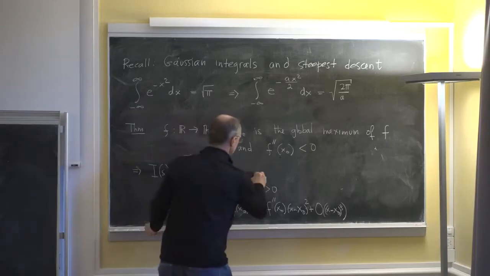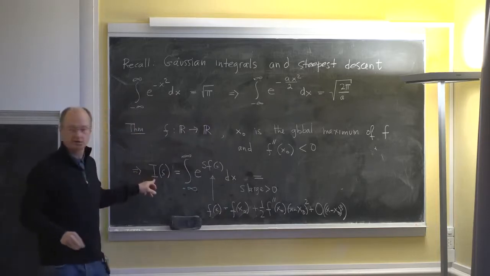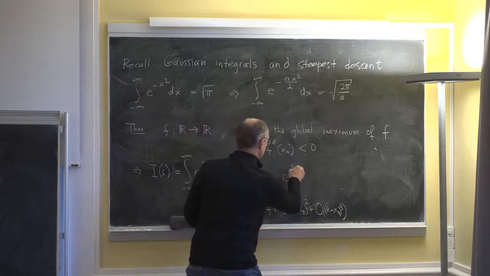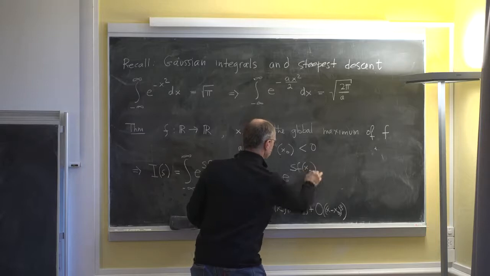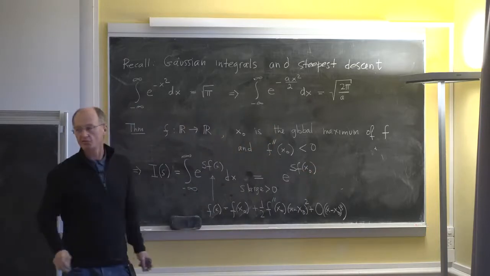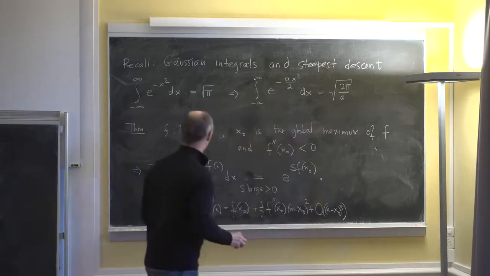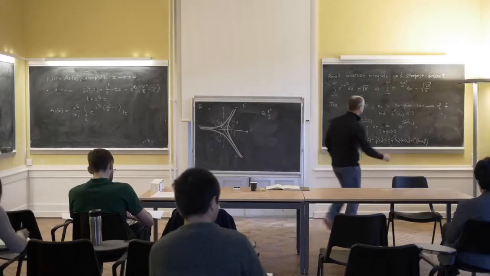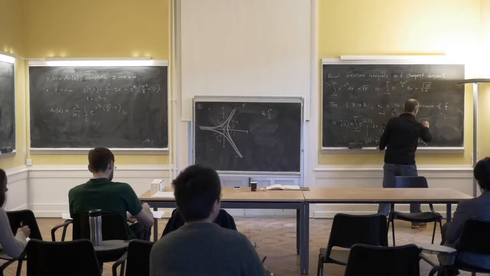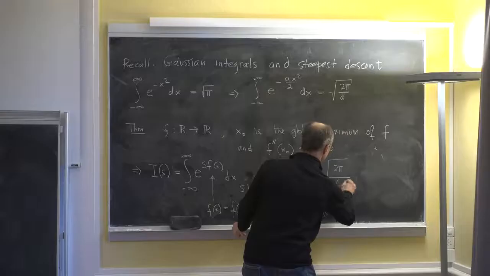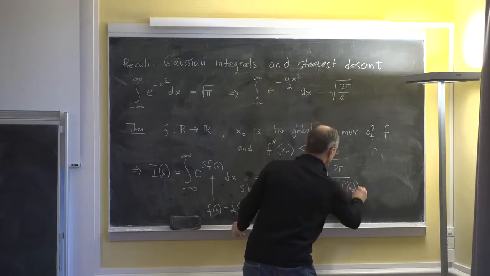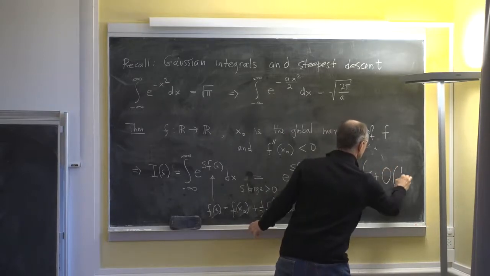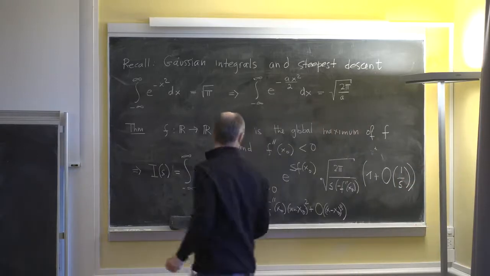So then the steepest descent method is saying that this expression, this integral I of s, is given by exponential of s f of x0 times the following interestingly looking expression, square root of 2 pi over s times minus f double prime of x naught, and here 1 plus O of 1 over s.